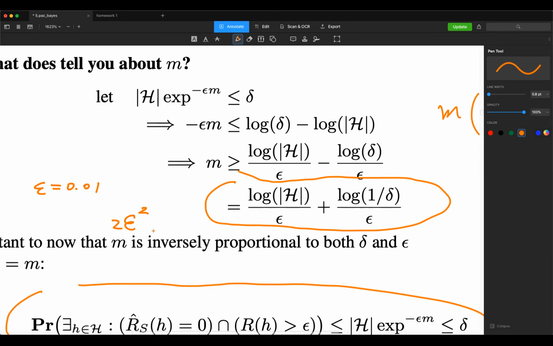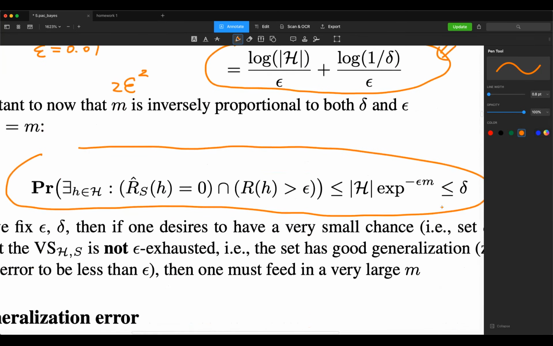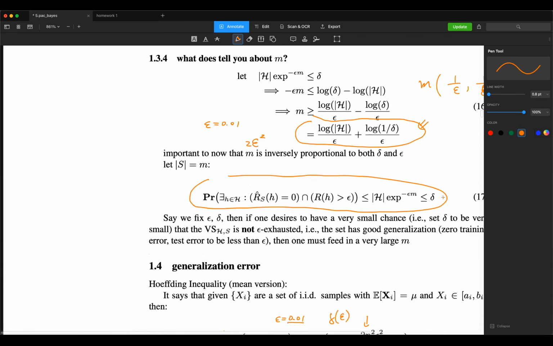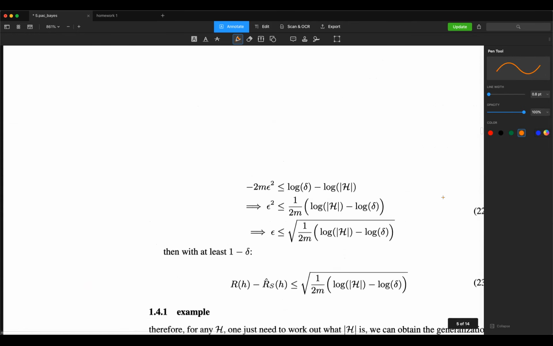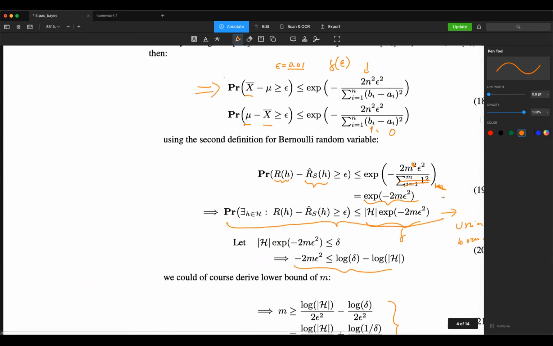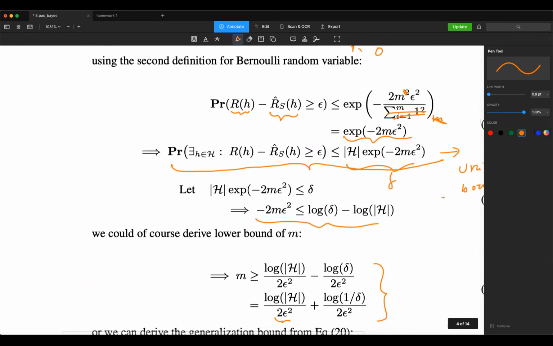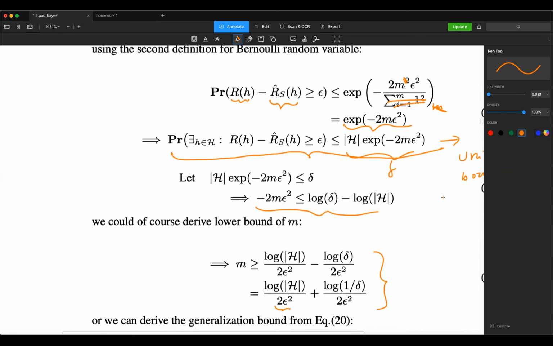So this is a much tighter bound than using Hoeffding's inequality.